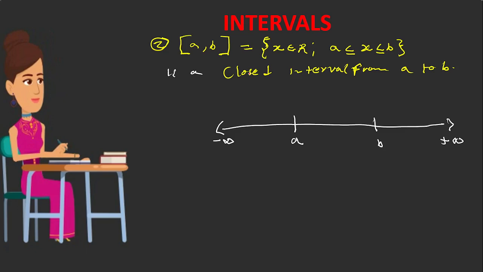Now what is the meaning, the interpretation of this? This is very important. Number one, you can talk about all members between A and B. Two, A is part of the set.